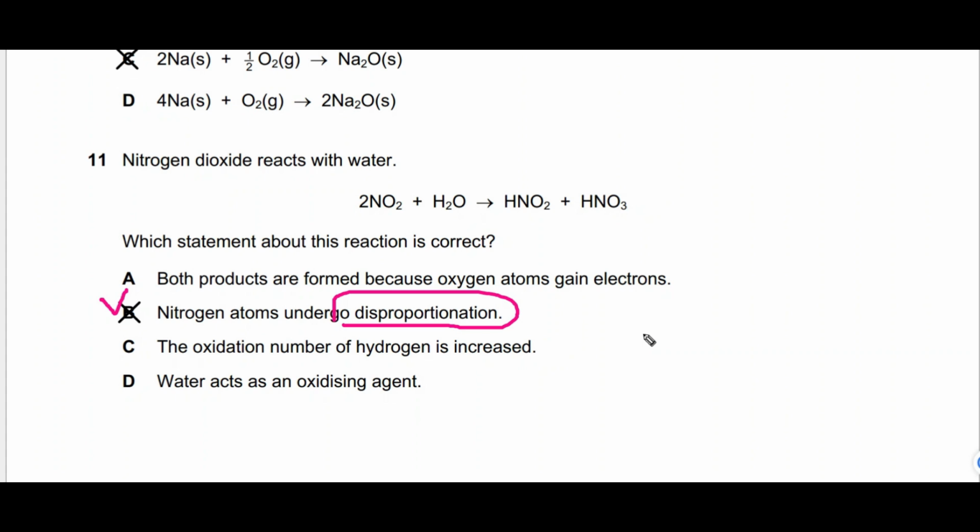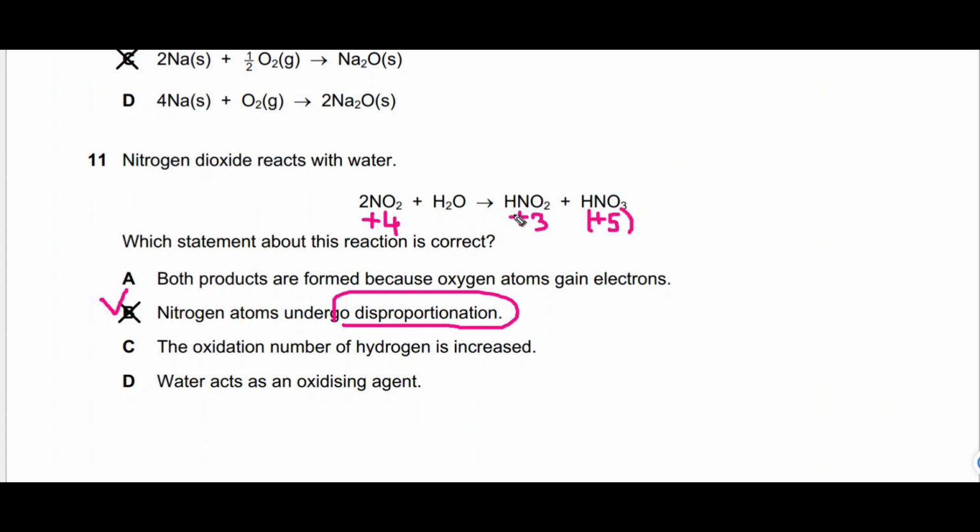So you see here in nitrogen dioxide, the oxidation number of nitrogen is +4. In nitrous acid the oxidation number is +3, and in nitric acid the oxidation number is +5.